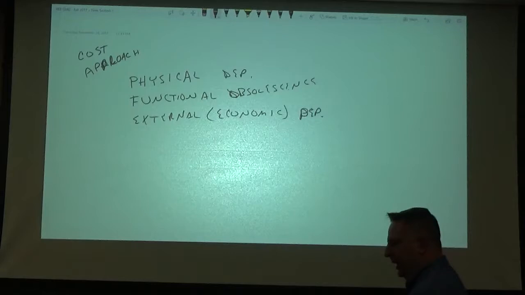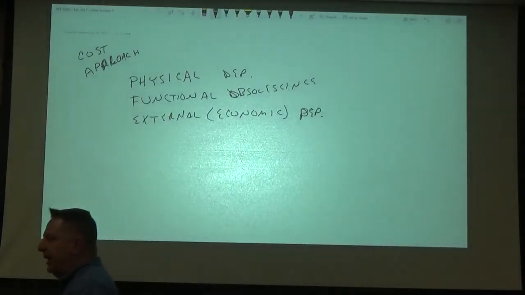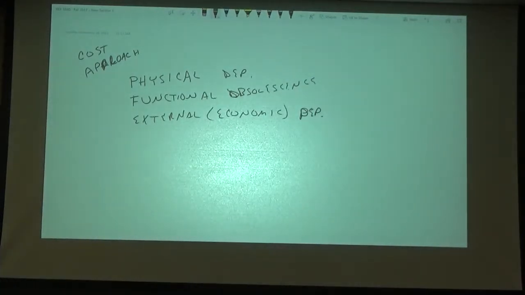Functional obsolescence is whenever the way in which we live, the way in which we work, or the way in which things are done change over time, to where you no longer need something that was in place within a property several years ago, or you need something new that you did not need several years ago.